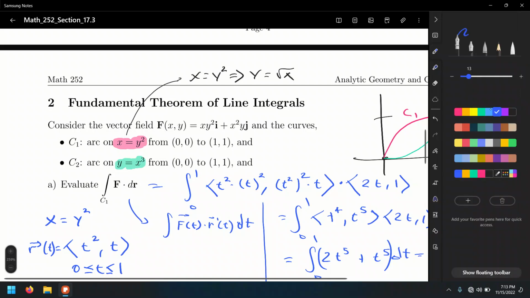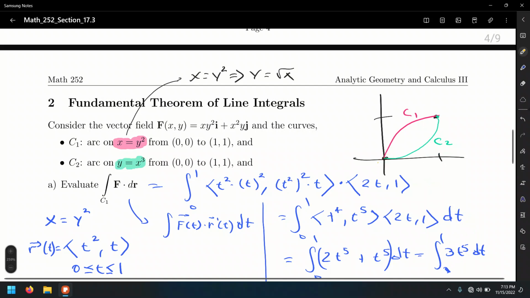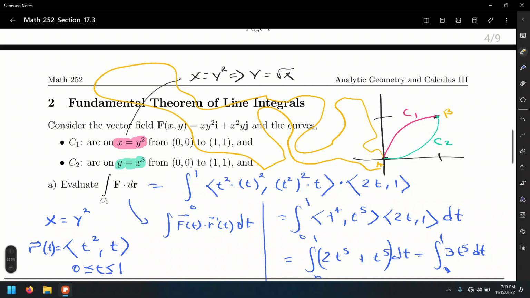I could have gone, I don't know, let me make something crazy here. So this is point A, this is point B. I could have gone like this. If we can parameterize this crazy line, it's going to be the same work. The result of the integral is going to be 1/2.